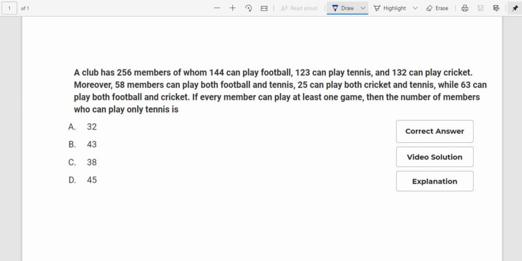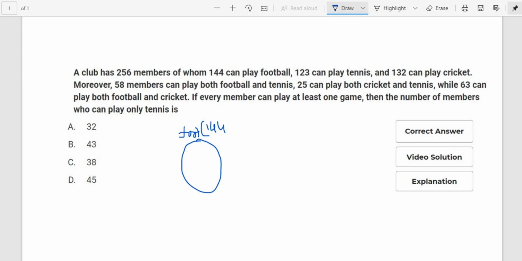So let's solve this. Firstly we have to draw a circle for football. Just write football, how many members, that is 144, isn't it?